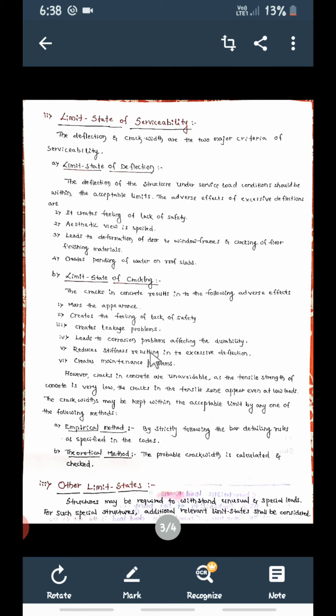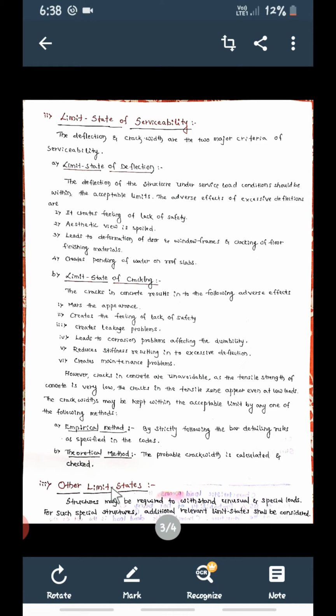Now the first is the limit state of deflection, second is the limit state of cracking, then third is other limit states. Structures may be required to withstand unusual and special loads. We cannot say, when the structure is put into use, what other loads may come into the picture which are not considered in the design.